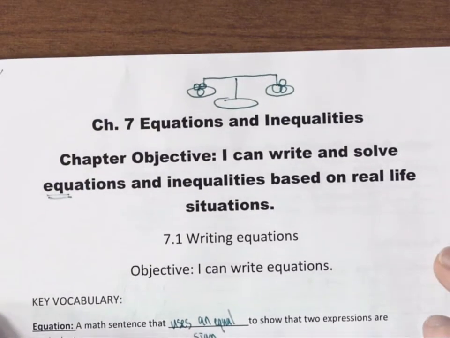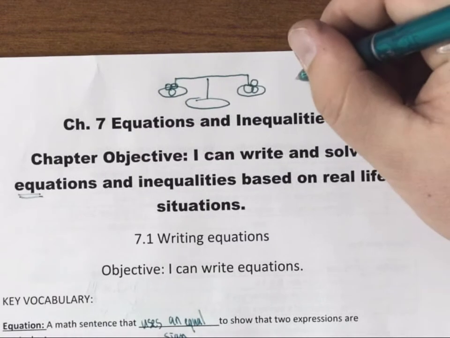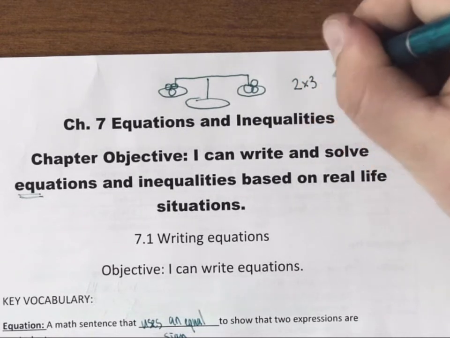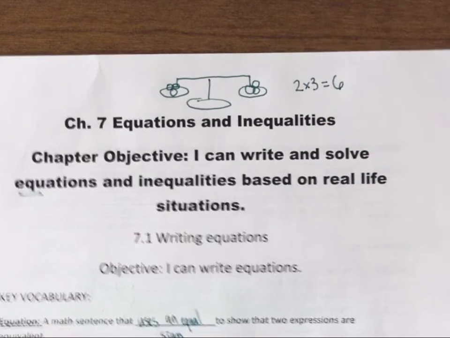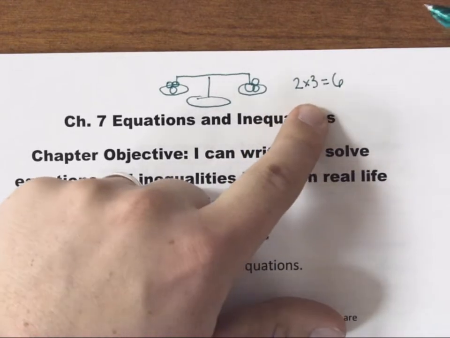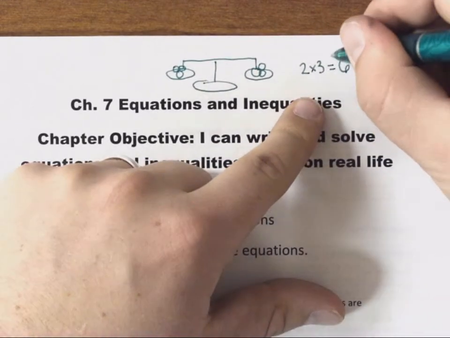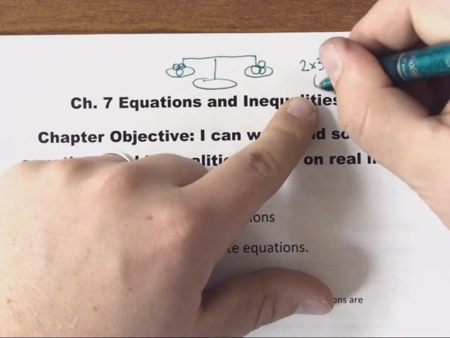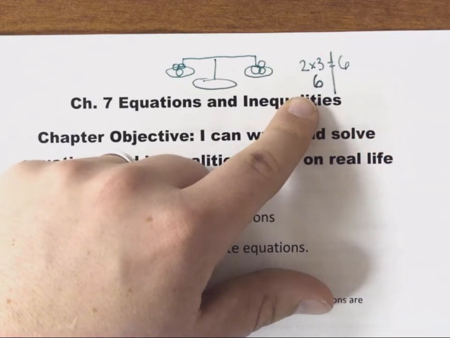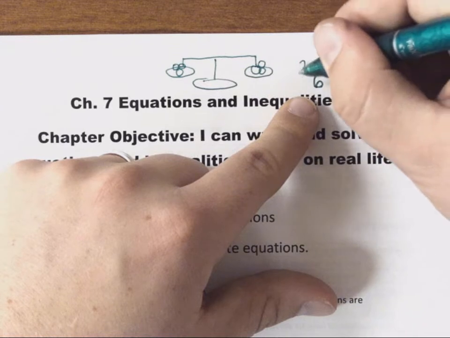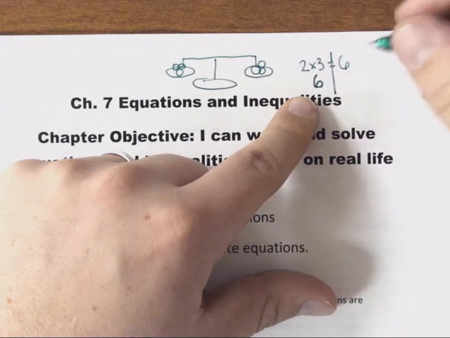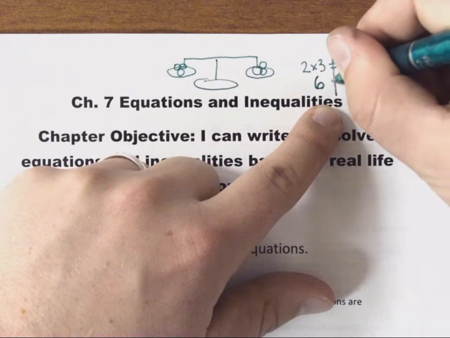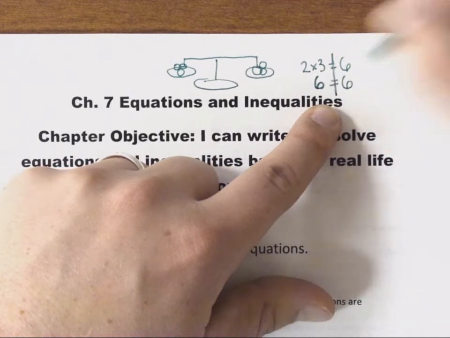Well, equations are the exact same. In an equation, like 2 times 3 equals 6, this equation is balanced because on the left side, 2 times 3 is 6. If we simplify this expression, it is 6, and 6 is already a simplified expression, so now we have 6 equals 6.